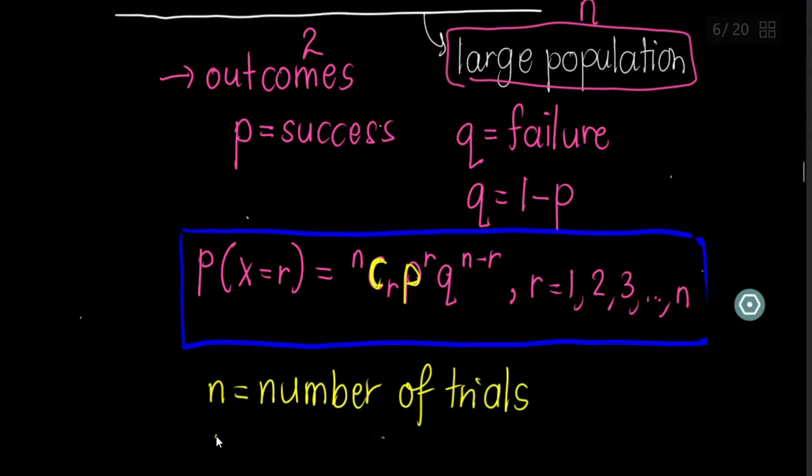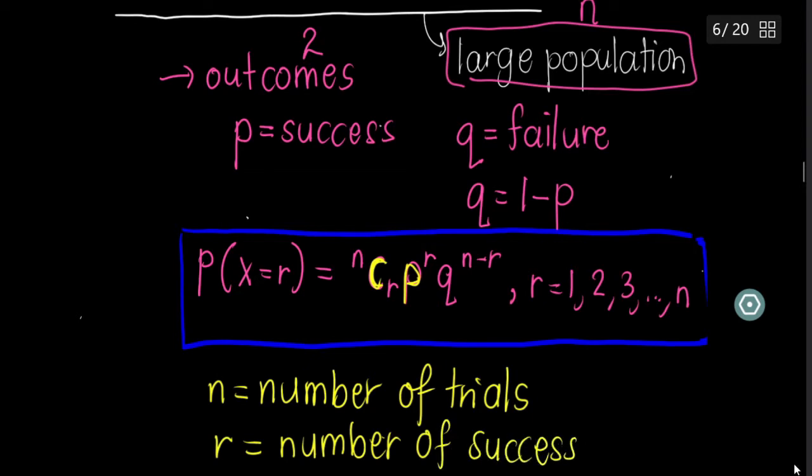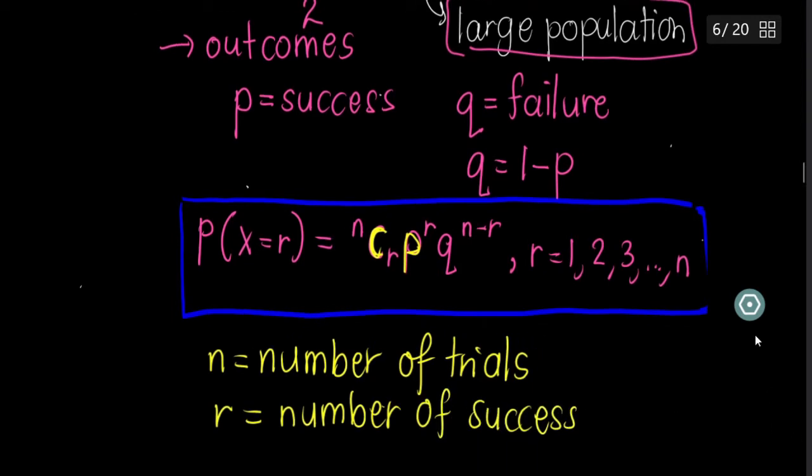Next, let's look at r. What is r? r is the number of successes. Let's look at an example. Let's say you throw the dice 4 times, and what is the probability of getting a number less than 5?